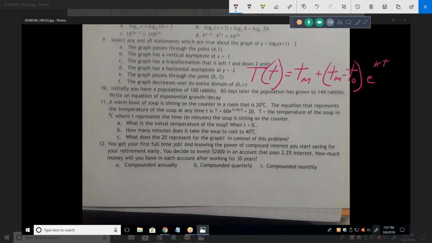It's, I think, e to the t plus k. It's what? e to the t and then plus k. I think. I'm not exactly sure. I don't think so. Here, let me pull it up again.